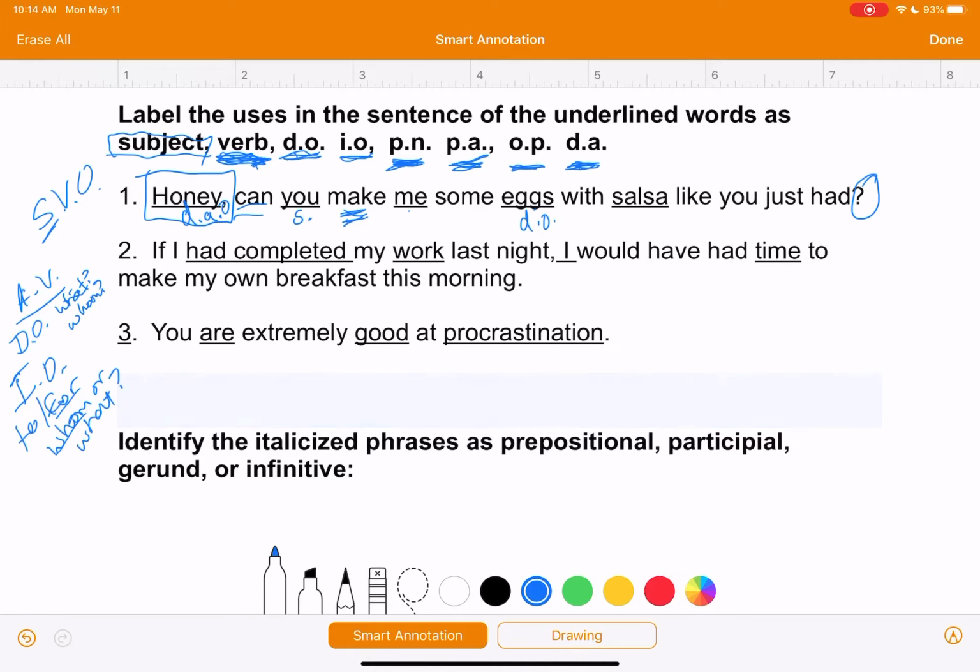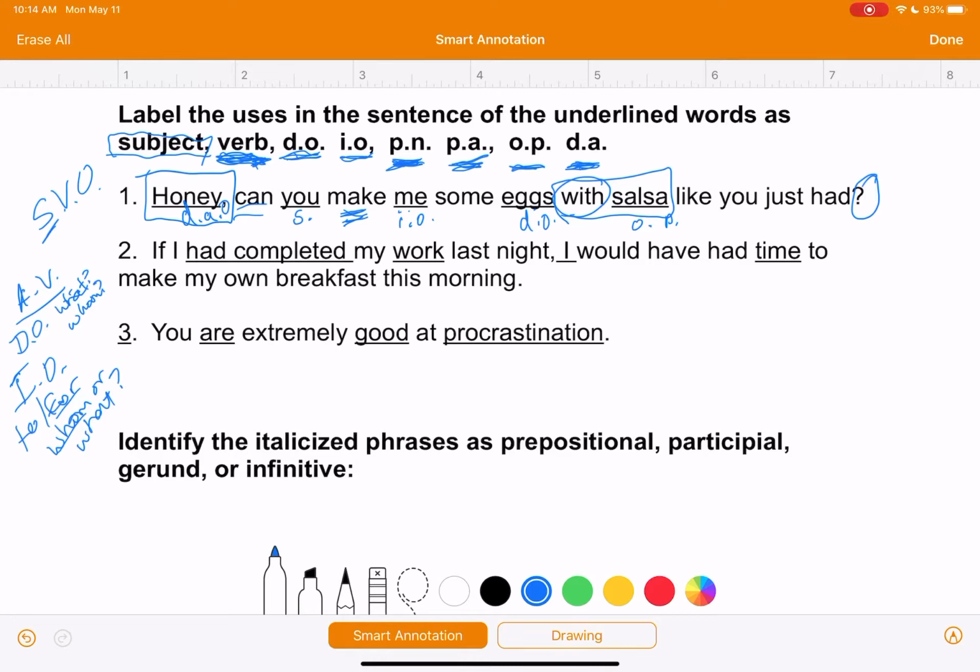Yes. For whom are the eggs being made? For me. So that's your IO. Okay. Here we have a phrase with salsa. You memorize 60 prepositions. Hopefully you remember with as a preposition, which makes it easy to identify salsa as its object.